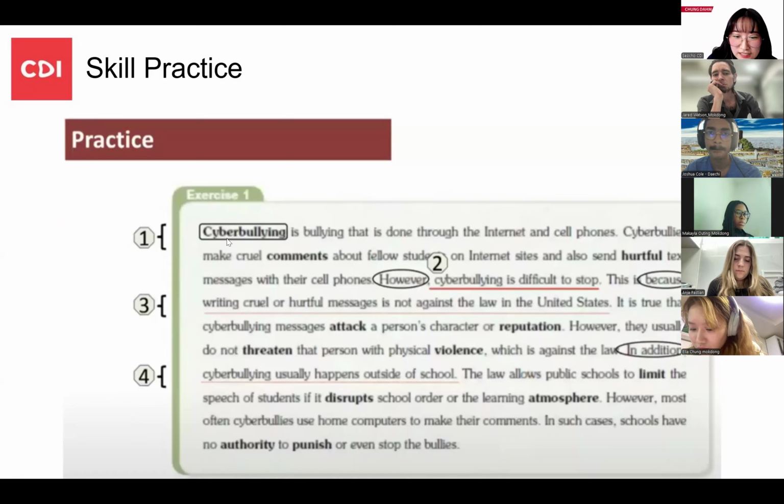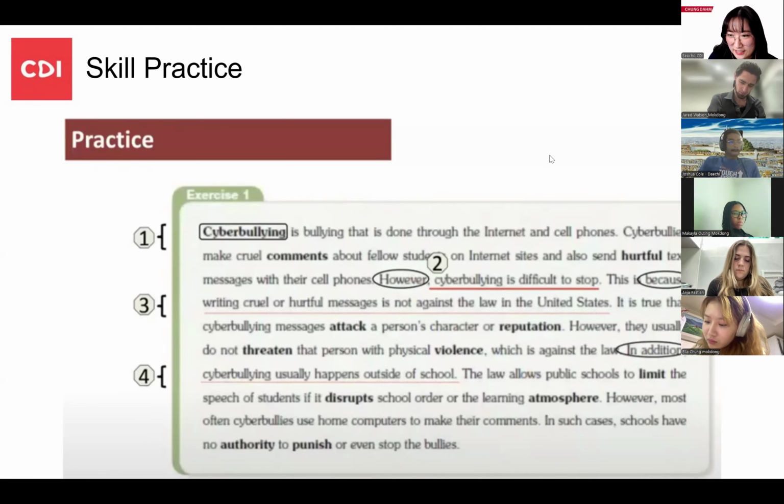Okay, and moving on to the skill practice page, you can see again, these are being marked very similarly to how we mark in C1, right? So we've boxed the topic here, cyberbullying. We circled some transition words. However, because, in addition, right? So hopefully these skills transfer from this semester into next semester, and this will be pretty easy for the students to do.